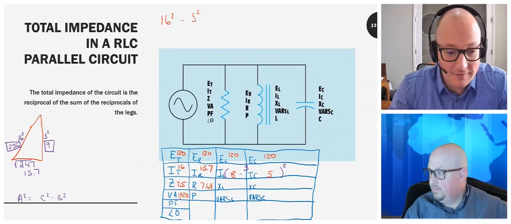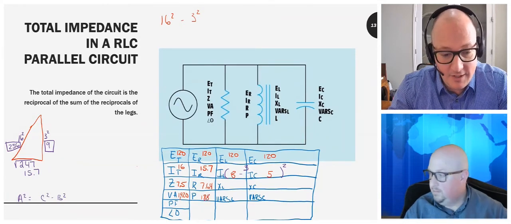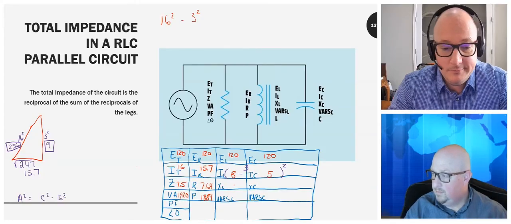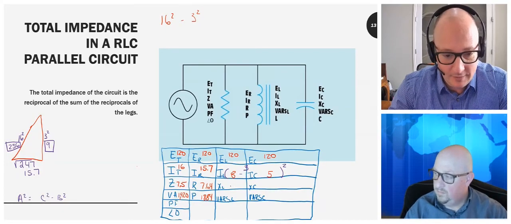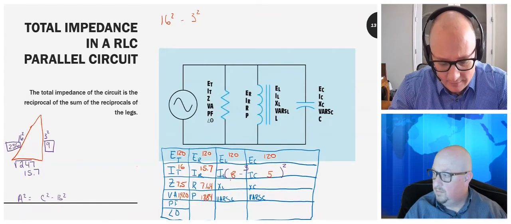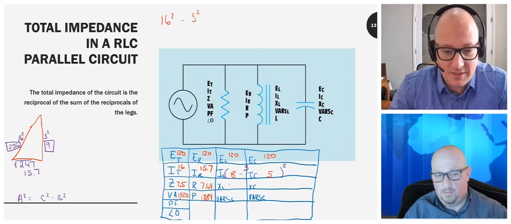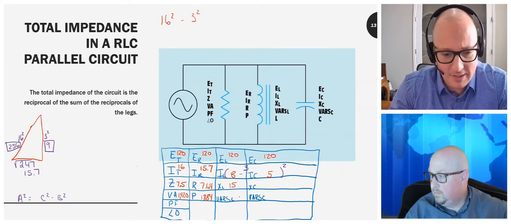And the power here, 120 times 15.7, 1,884. Then 120 volts across the inductor divided by 8 amperes of current is 15 ohms of inductive reactance.